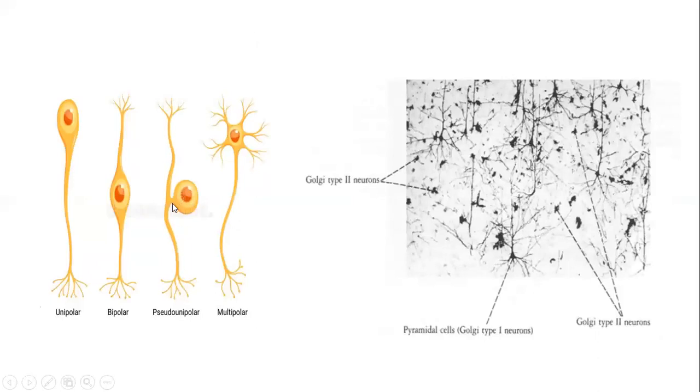You can see that a very small process arises from the cell body, and soon after it arises from the cell body, it divides into two processes.